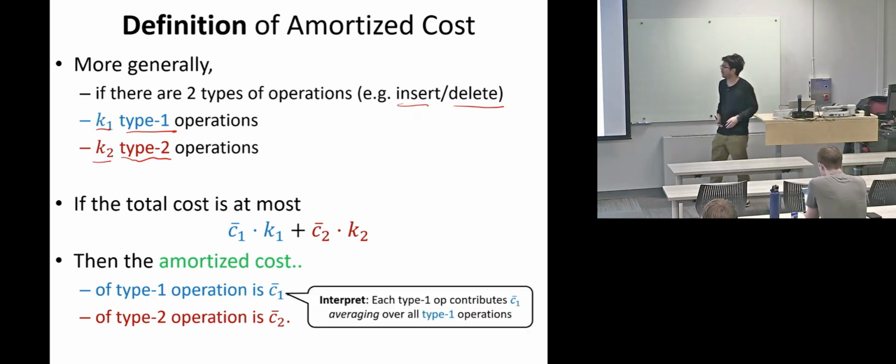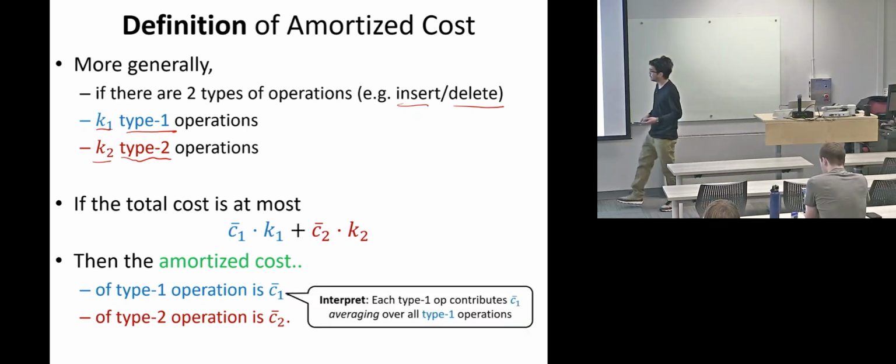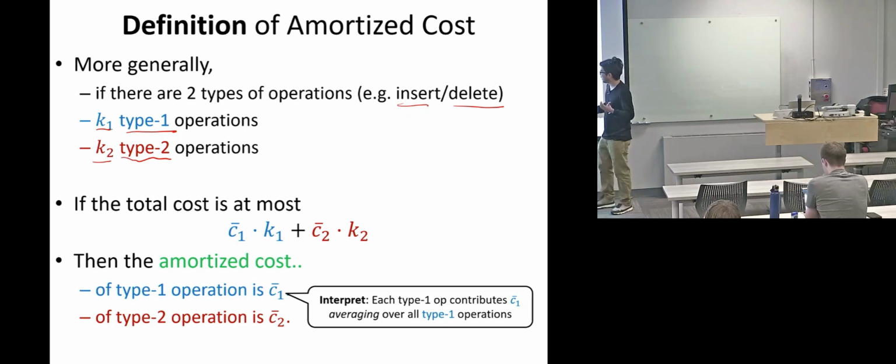The interpretation of why we define it this way is that on average, a type 1 operation contributes to the total time by C bar 1 for each time that you make a type 1 operation. But what really happened might be that for some type 1 operations you actually spend much larger time.